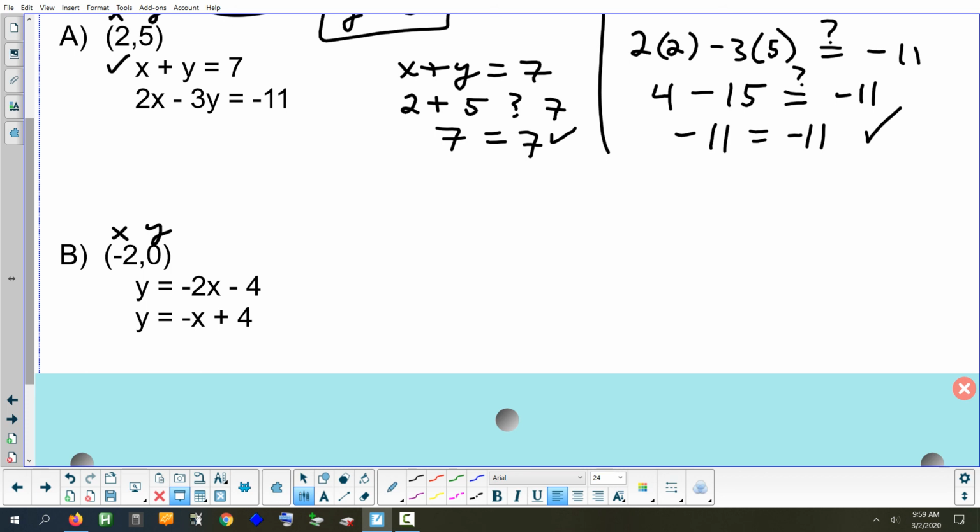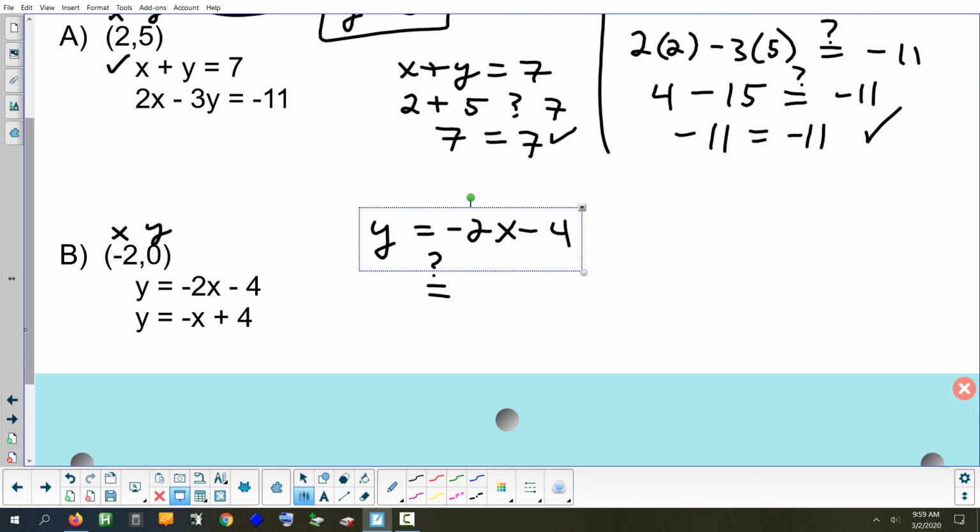So Mackenzie, how do we check if that answer is right? Plug it in. Which equation? Both. Okay, one at a time. So let's start with this one. I'm going to put a question mark there because that's what we're trying to figure out. Aileen, what am I plugging in for y? 0.